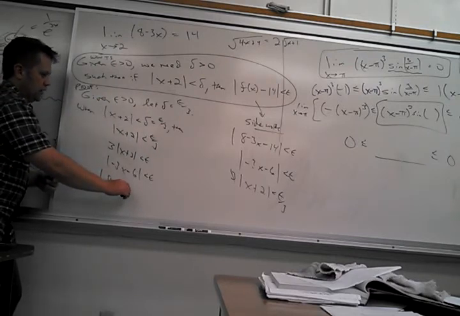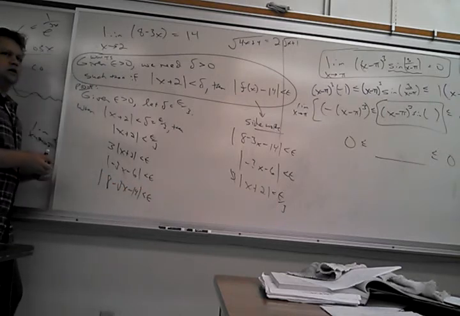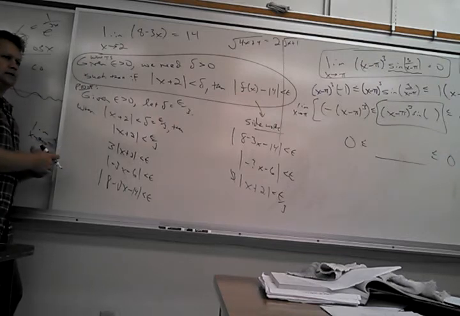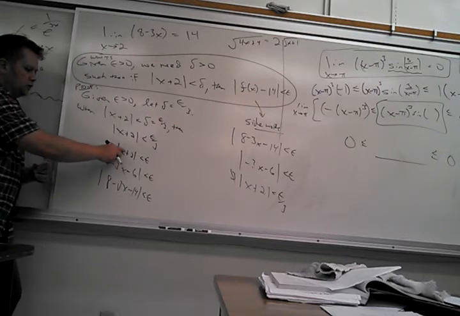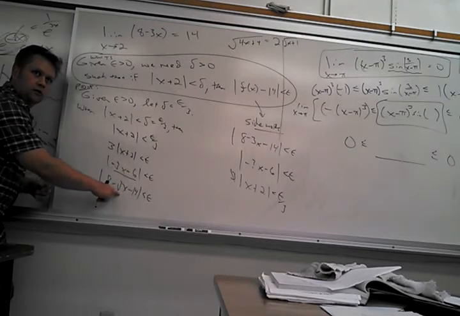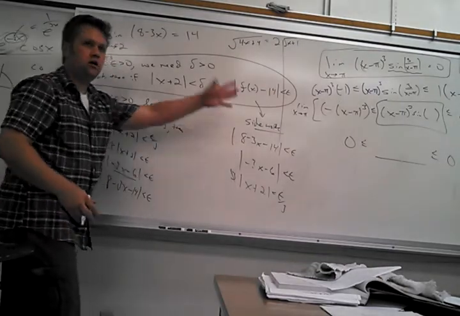So I think somebody was trying to ask me, the epsilon delta proof is a very specific format. I think when you see this, you're like, how in the hell would I know to go from here to here? Well, you don't have to just know it. You know where you want to go.